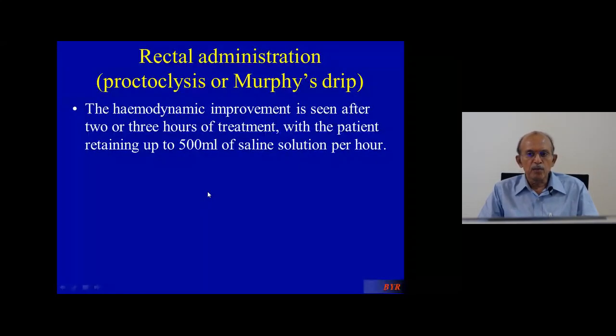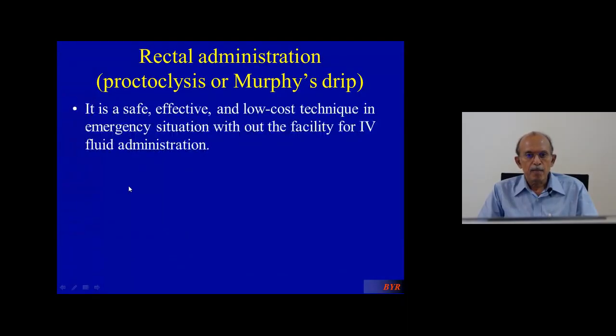The hemodynamic improvement is seen after 2 or 3 hours of treatment, with the patient retaining up to 500 ml of saline solution per hour. It is a safe, effective, and low-cost technique in emergency situations without the facility for IV fluid administration.